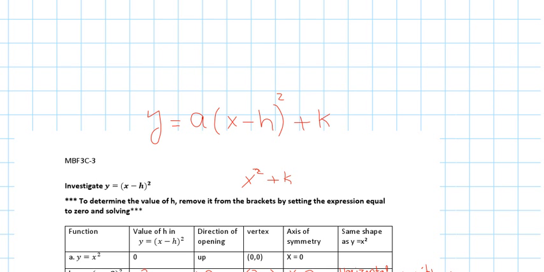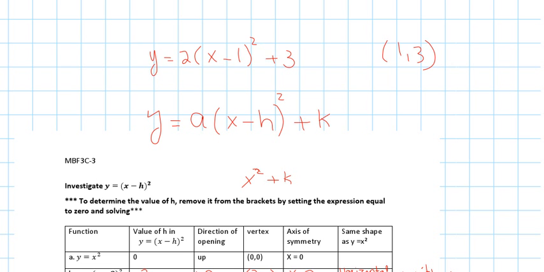So if I give you an equation that looks like this, this is all three transformations. That's correct. Because h and k are the vertex, so now my vertex is 1 and 3.